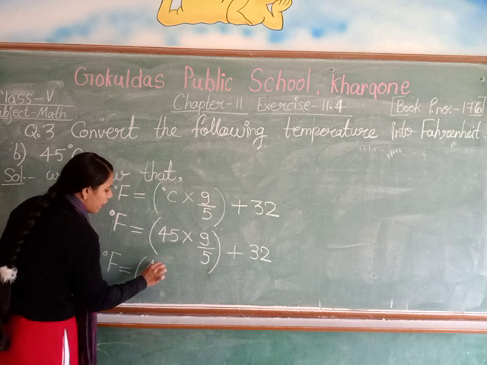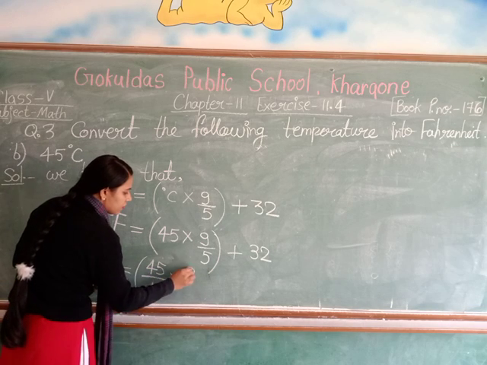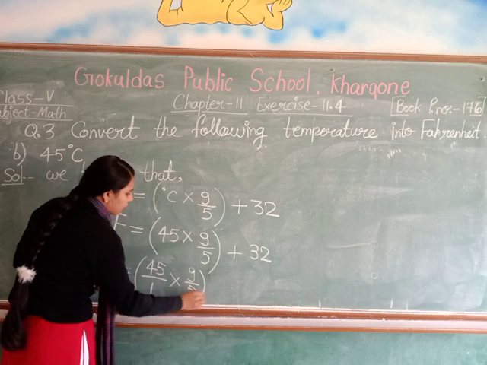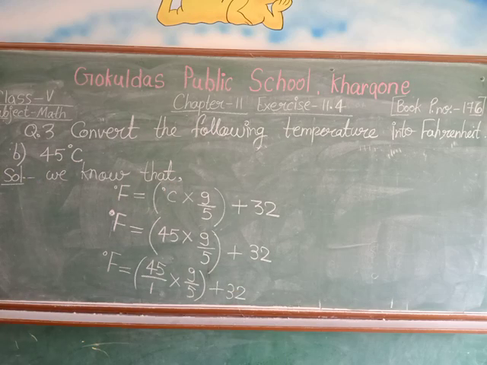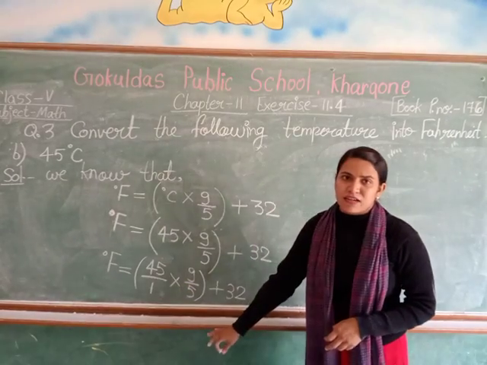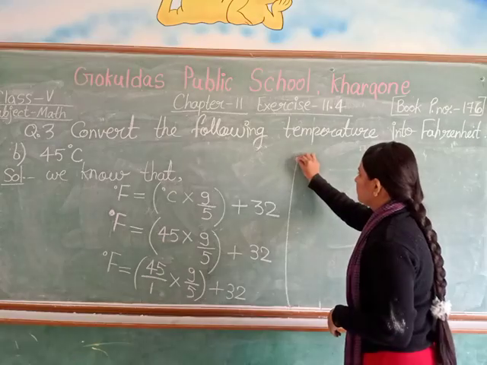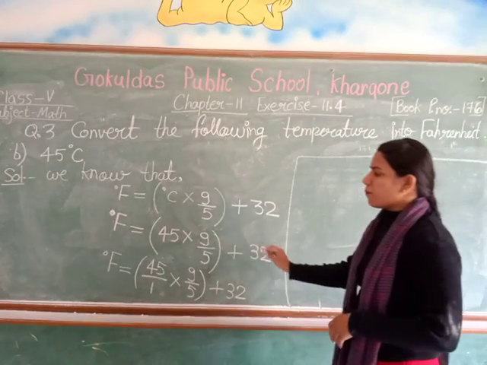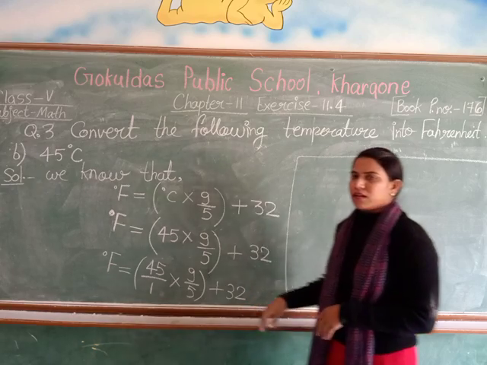So if I write 45 upon 1, it will be correct, times 9 upon 5 plus 32. I hope it is clear to you. In chapter fraction we have discussed this. Now I don't have space further, so I am writing here, but in your notebook you will note down in the following lines.